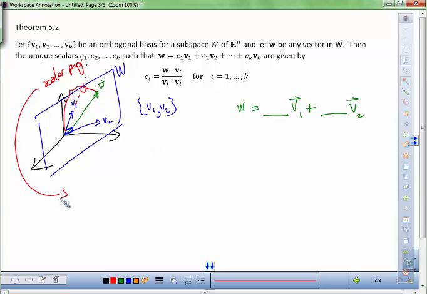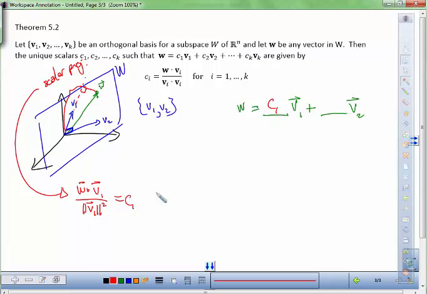So the scalar projection is W dotted with V1 over the magnitude of V1 squared, but the magnitude of V1 squared is the same thing as the dot product of V1 with itself. So that's how the formula is related. So that's how you would find C1.